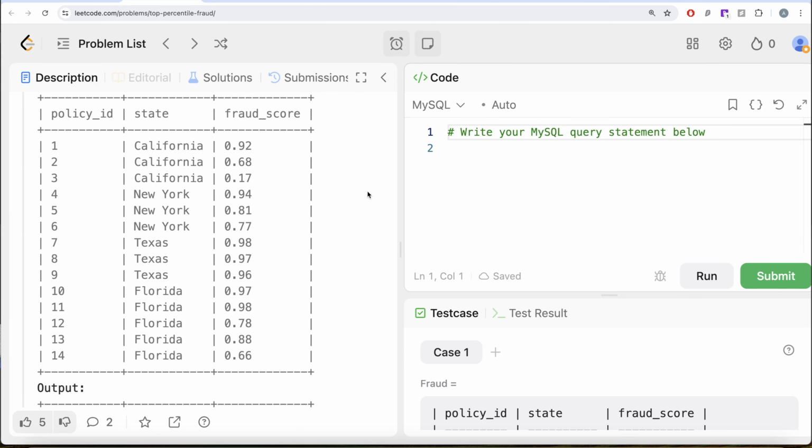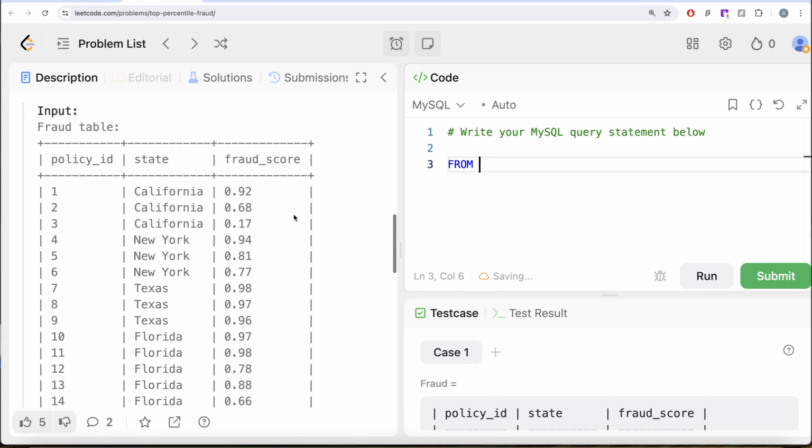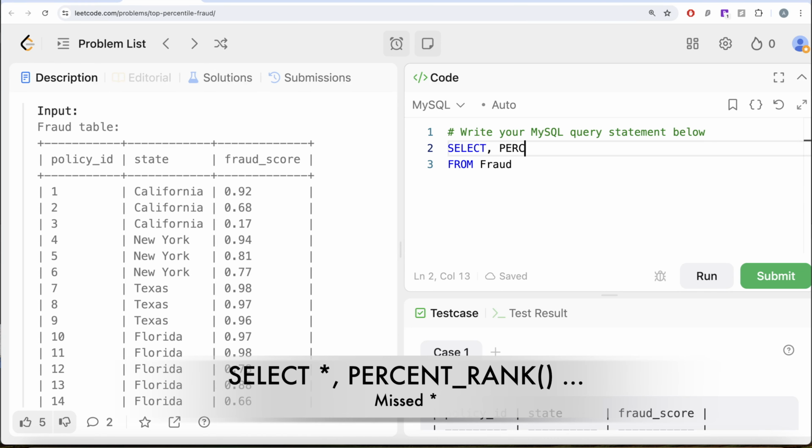What does percentile rank do actually? Percentile rank is basically trying to rank the values in a particular state relative to others. So 0.92 relative to others is the highest score. Let me do this and it will make more sense. From this table, called the fraud table, let me keep all the columns, and then let's use the percentile rank.